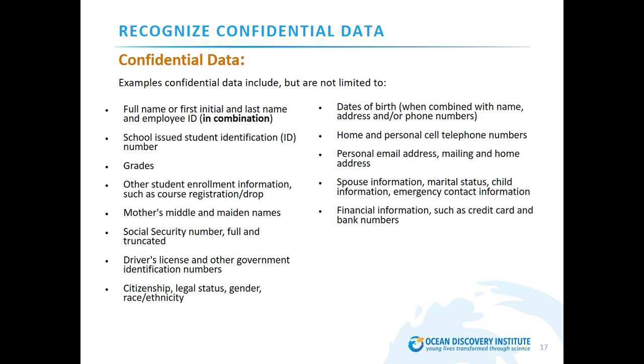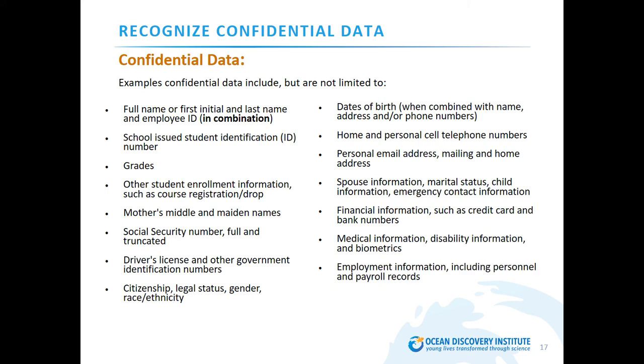Financial information such as credit card and bank numbers, medical information, disability information, and biometrics, employment information including personnel and payroll records, law enforcement information such as live scan details, security clearance, or medical records.